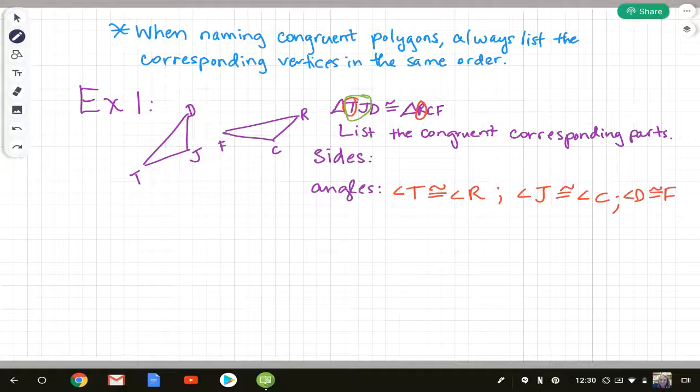So the first two that are together are T, J, and R, C. So TJ is congruent to RC. Alright, if I look at the next pair, JD and CF would be congruent.